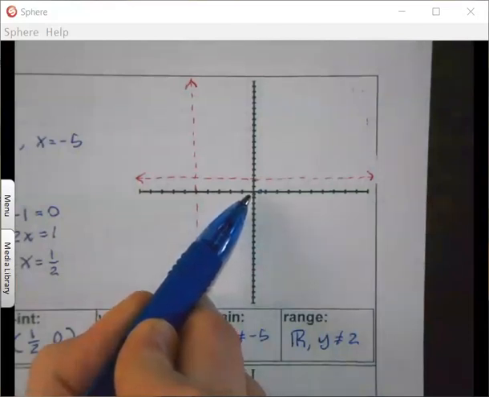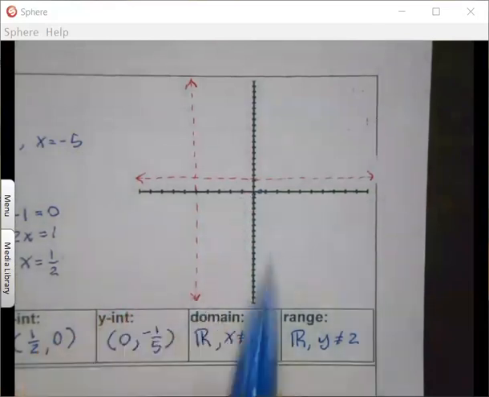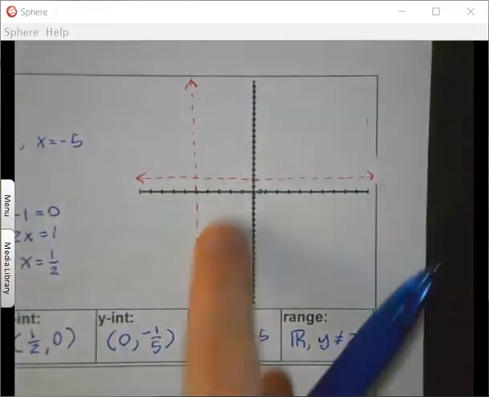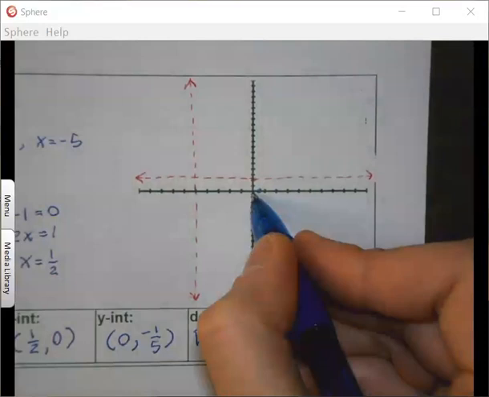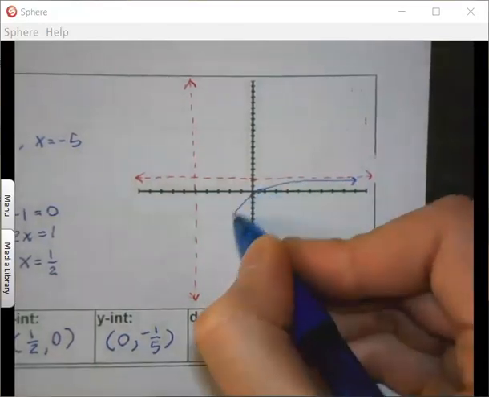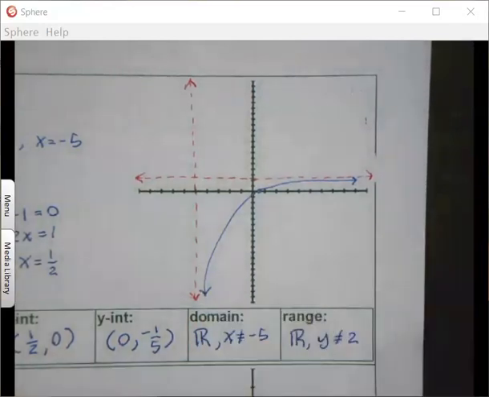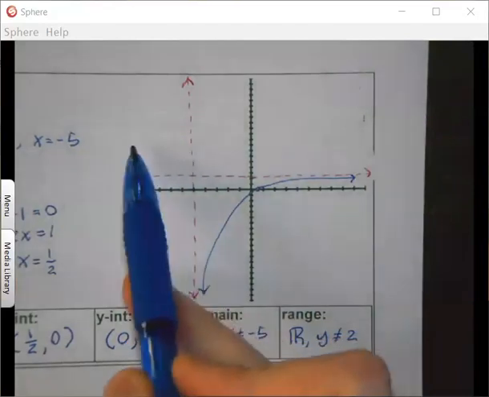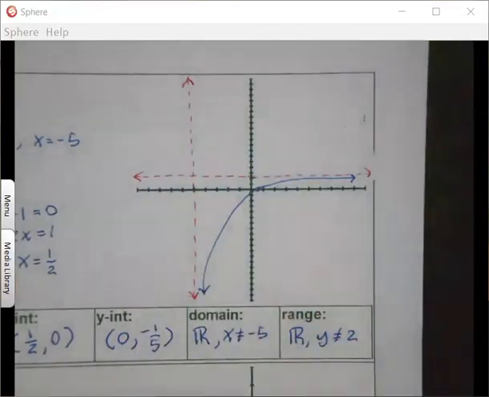About the best you can do. So we can put in our curve on this side. Just make sure you go through your points and approach your asymptotes. And then again, we do not have a point on this side, so we want to choose an x value to find at least one point.